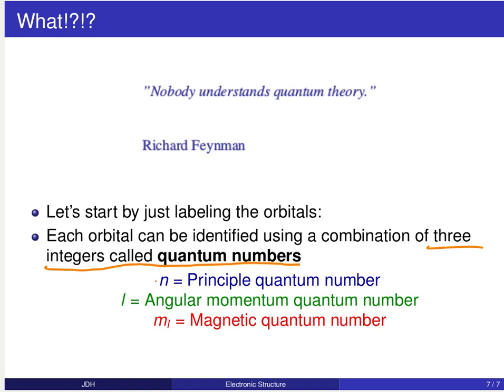We're going to denote one of these quantum numbers by n, and call it the principal quantum number. Another we're going to denote l, and call it the angular momentum quantum number. And a third one, m sub l, we're going to call the magnetic quantum number.